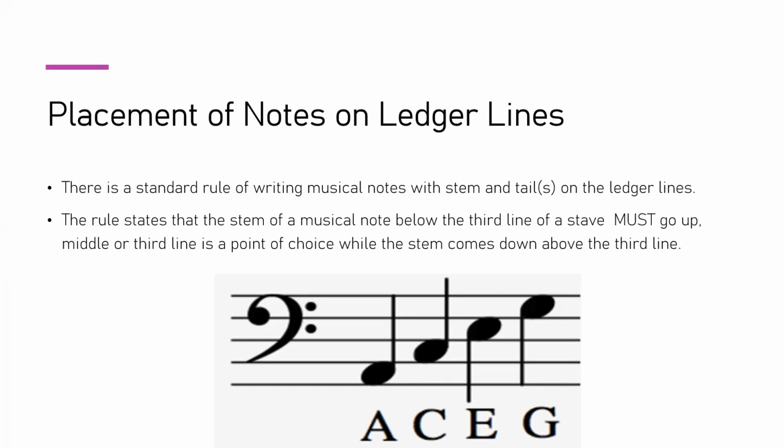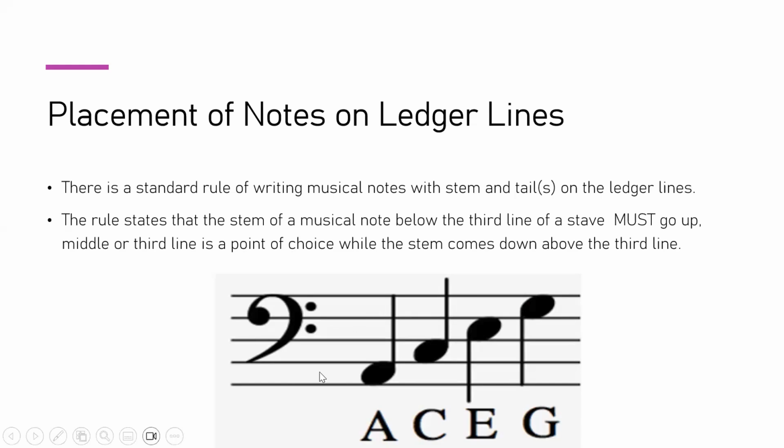The middle line of the stave is a point of choice. I'm coming to explain that. It's a point of choice, and the stem goes down when the note goes above the third line of the stave. Okay, look at this example of this stave.